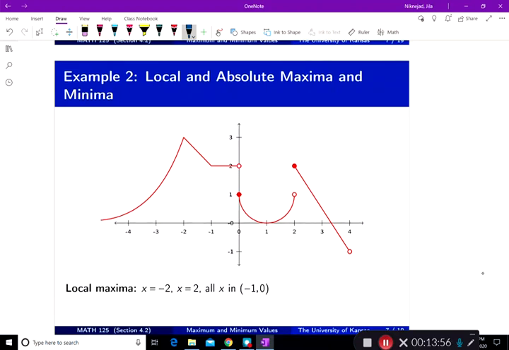So local min, I see that here is a local min because all the points around it are higher than that. Again, we discussed that this cannot be a local min. It's not a point, so it's empty. It's not going to be a local min. Over here, it just gets closer and closer to 0.